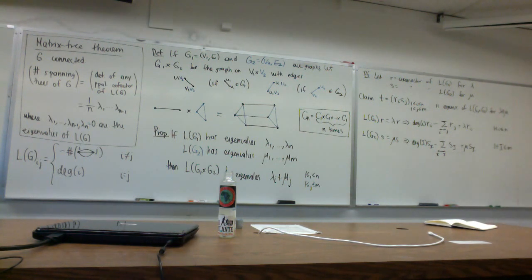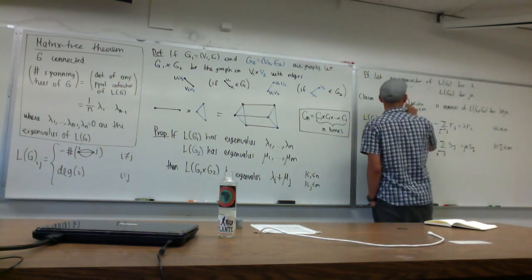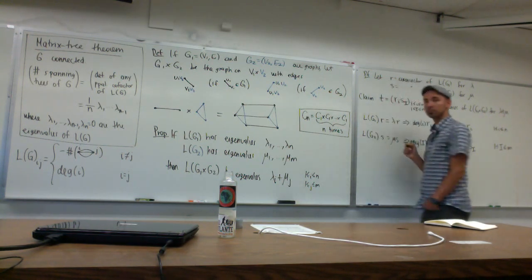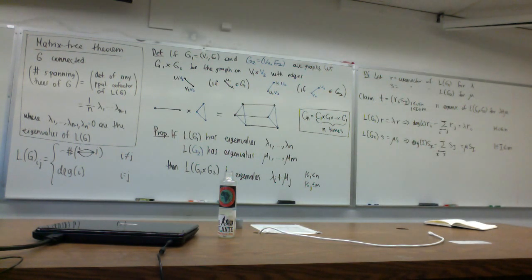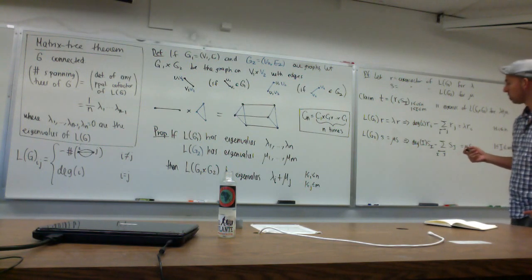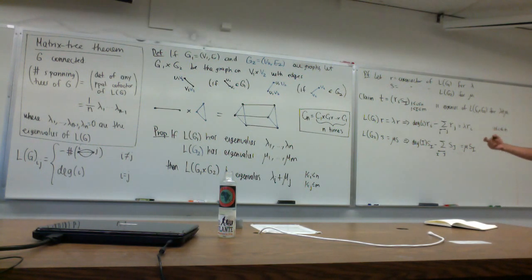Okay. And maybe I'll also switch this one to a capital letter so that I remember that. Okay? And so now what I have to do is carry out the same computation in the product.